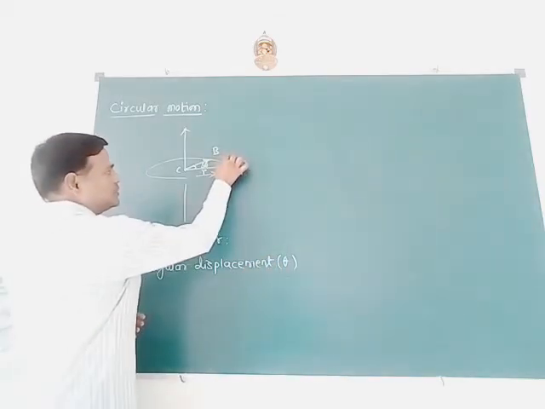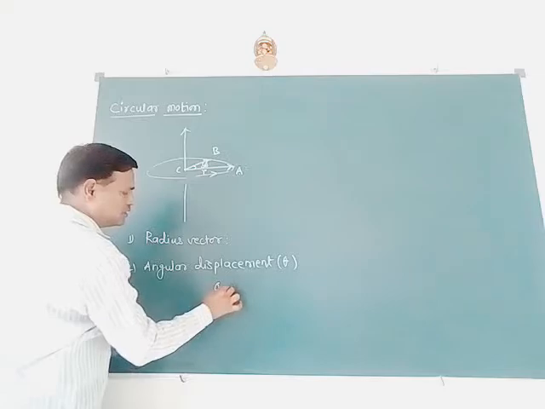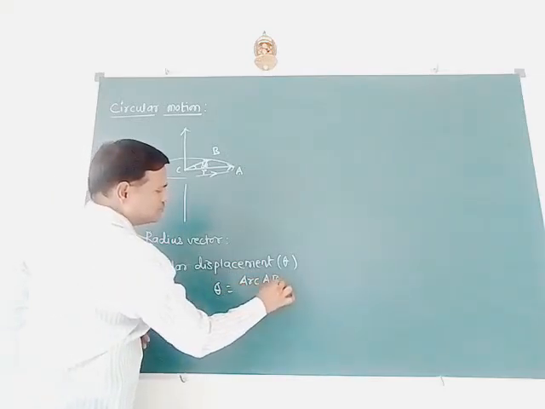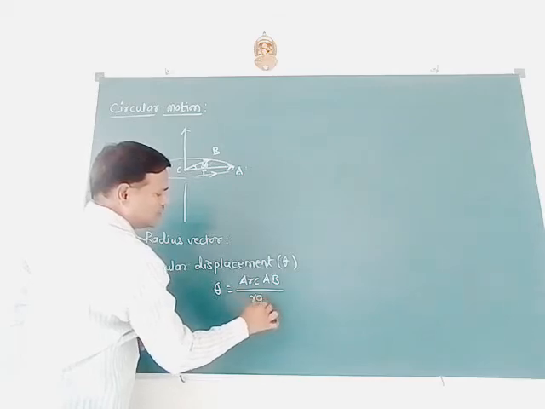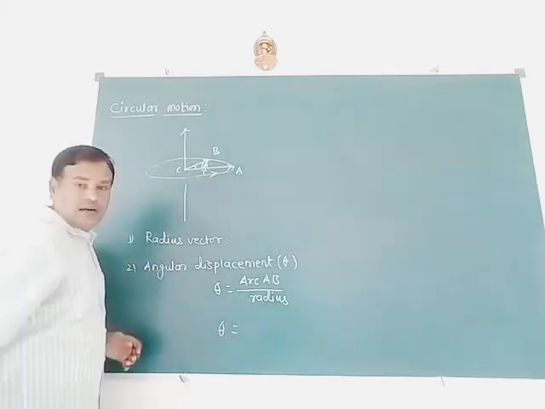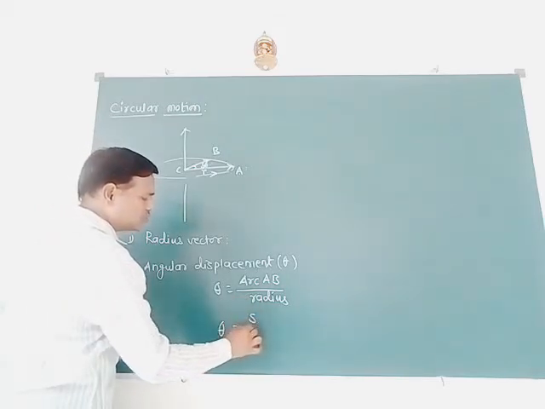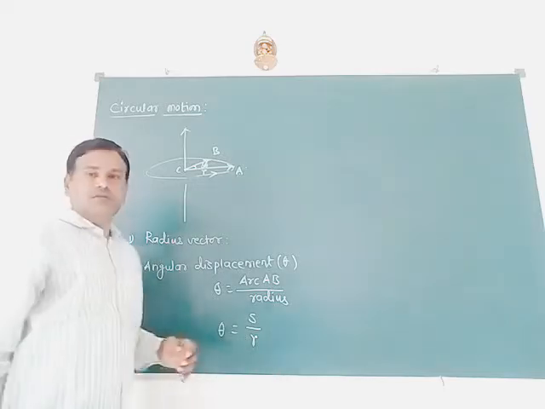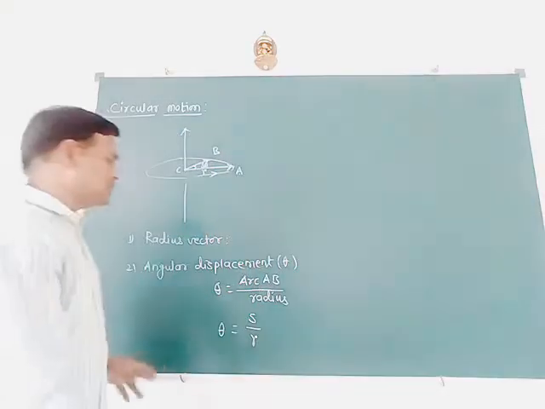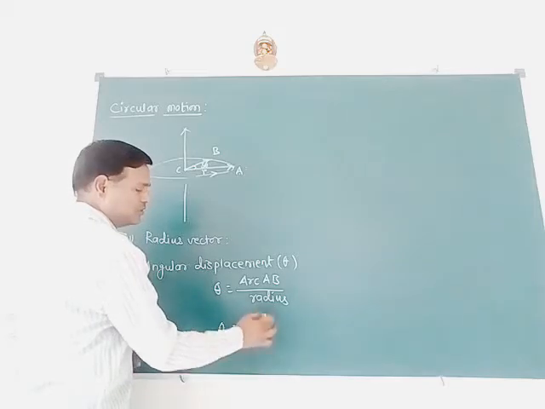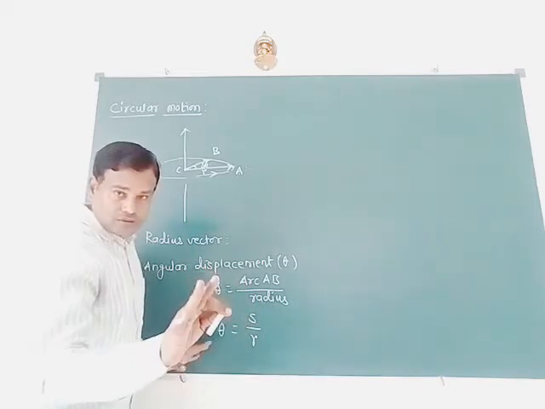It can be written as theta equal to arc AB upon radius, that is, theta equals S by R. As these are similar quantities, both measured in centimeter or meter, it has no unit.